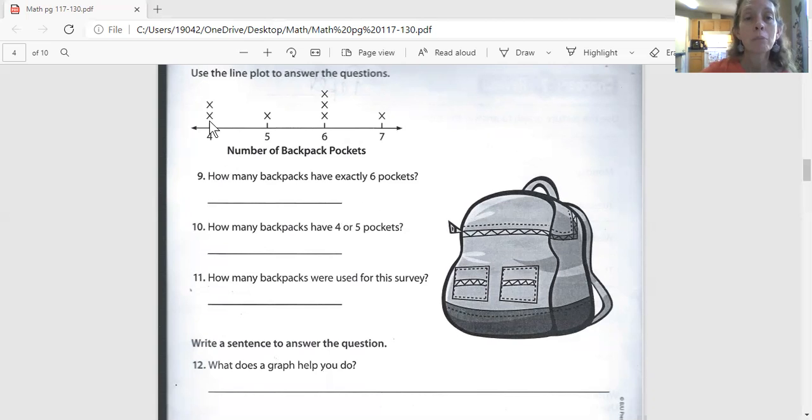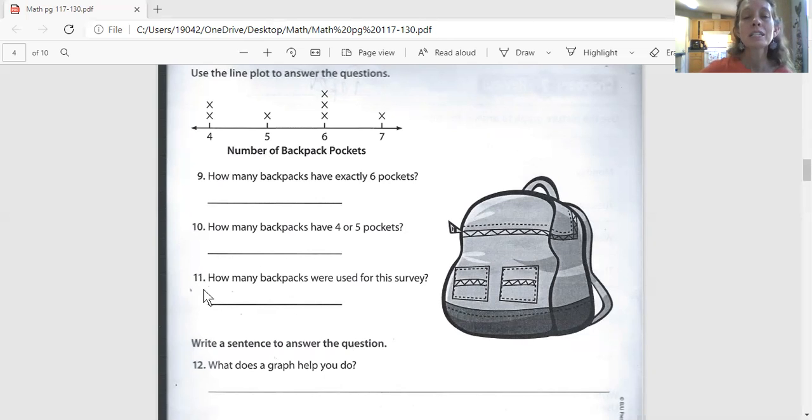So I count my 4 and my 5. That's going to be putting together, that's addition. So I do 1, 2, plus this one right here. And 2 plus 1, Rylan, we know is 2 in my head, 1 on my fingers, 2, 3. There it is, 3 backpacks.